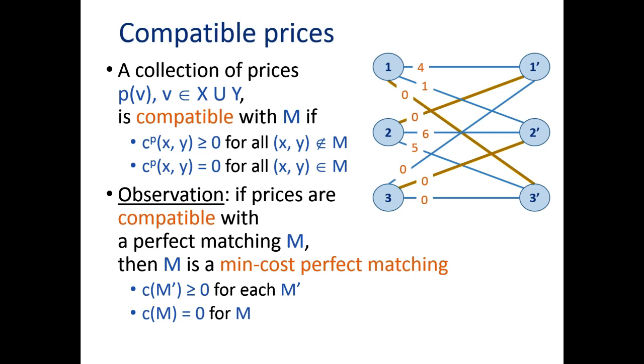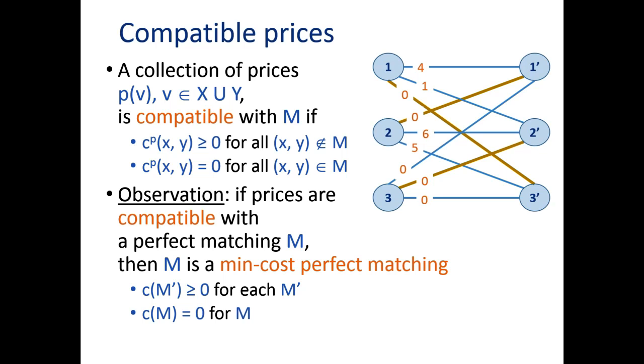At each point, I'll maintain prices that are compatible with the matching I have so far. So all costs will be non-negative, and the cost on my matching selected so far will be 0. When I get to the end, I'll have prices that are compatible with the perfect matching, so I'll have a min-cost perfect matching. That's my plan. So how do I go about maintaining these prices?